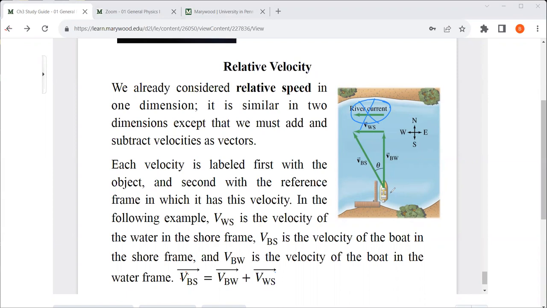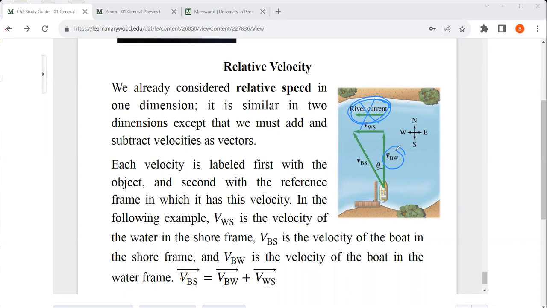But now if we have a river current, and you want to know what is the net velocity, what is the resultant velocity of this boat, then we have to consider this river current and also the boat's velocity, and then you have to use the vector addition that you learned at the beginning of this chapter. So if you understand how to add two vectors, then it's simple.